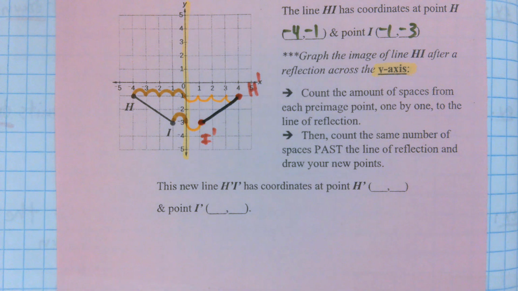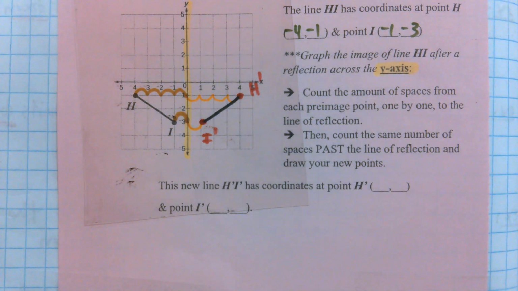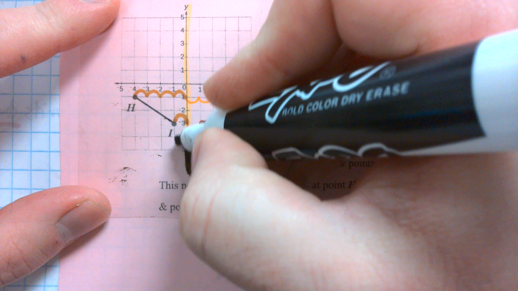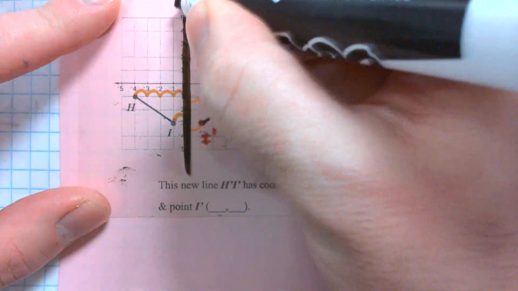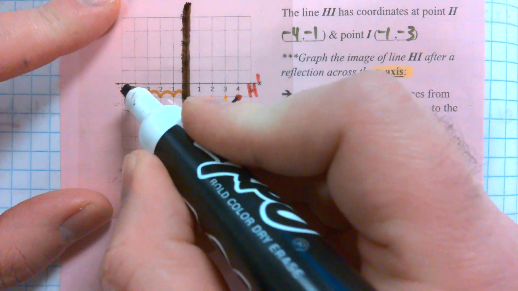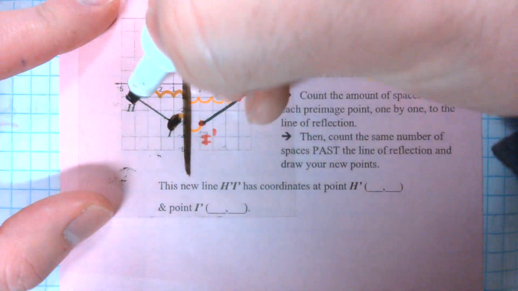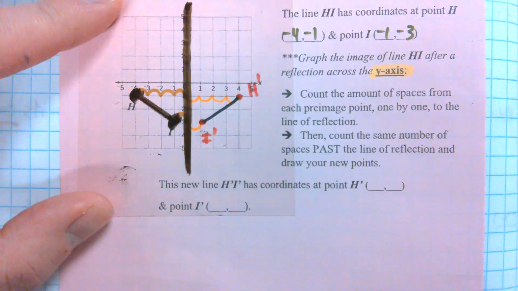Let me show you a visual way to think about this. All right, I'm going to use a little transparent square here. So, here's my line of reflection. There's point H, there's point I, there's my straight line.